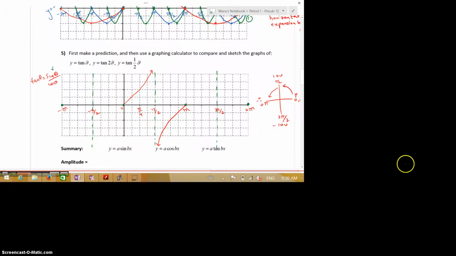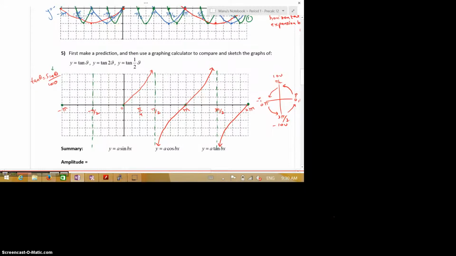Similarly, as you move from pi to 3 pi over 2, you went from tan being 0 all the way to tan being undefined again. It's periodic as well. Similarly, as you go from 3 pi over 2 to 2 pi, it's going to go from being undefined in the negative region all the way to 0.